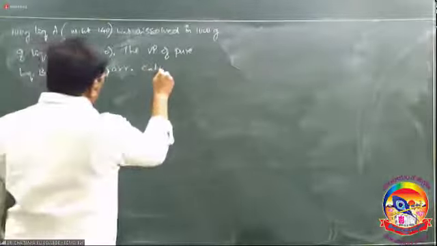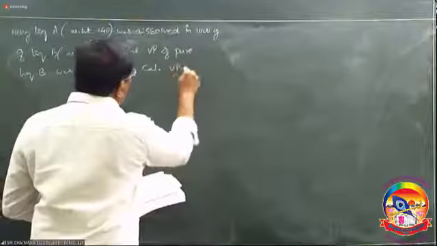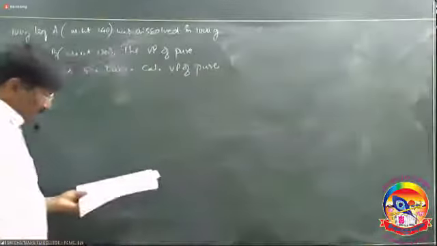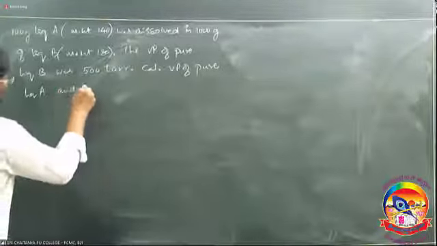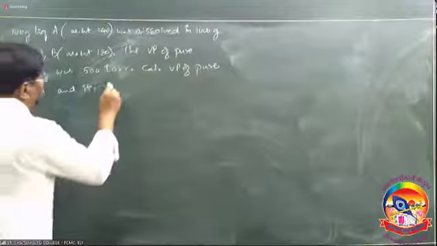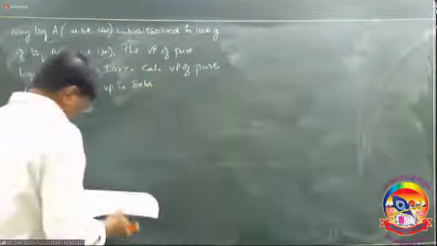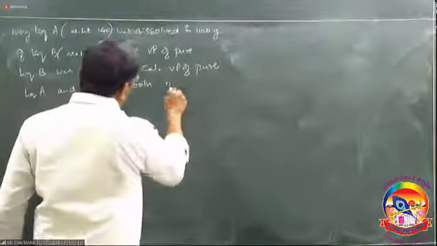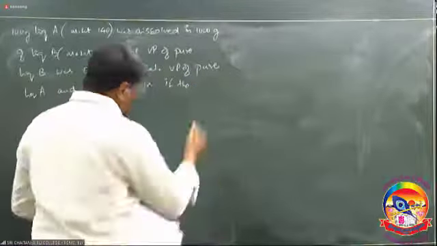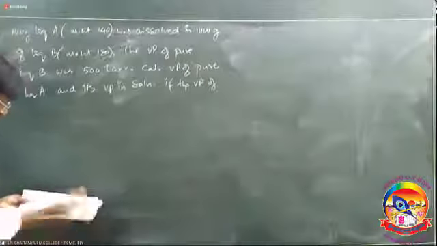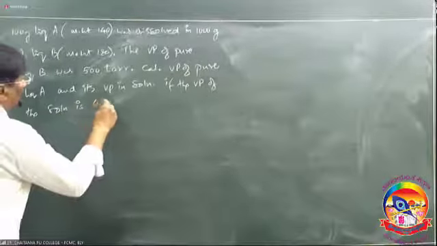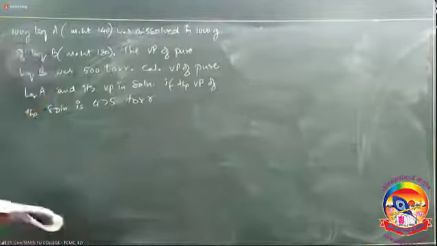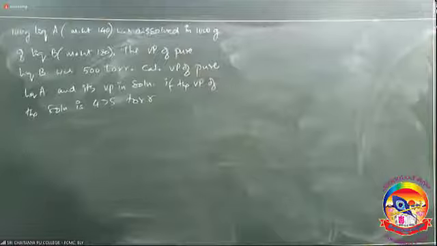Calculate the vapor pressure of pure liquid A and its vapor pressure in solution, if the vapor pressure of the solution is 475 torr.